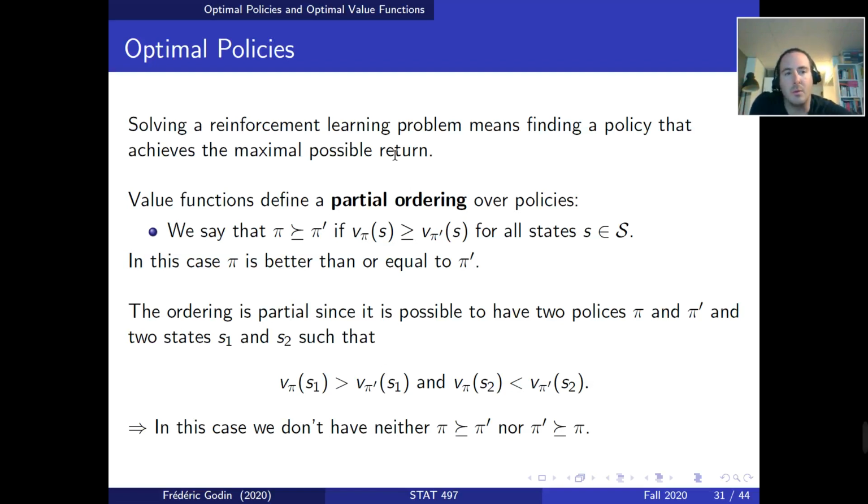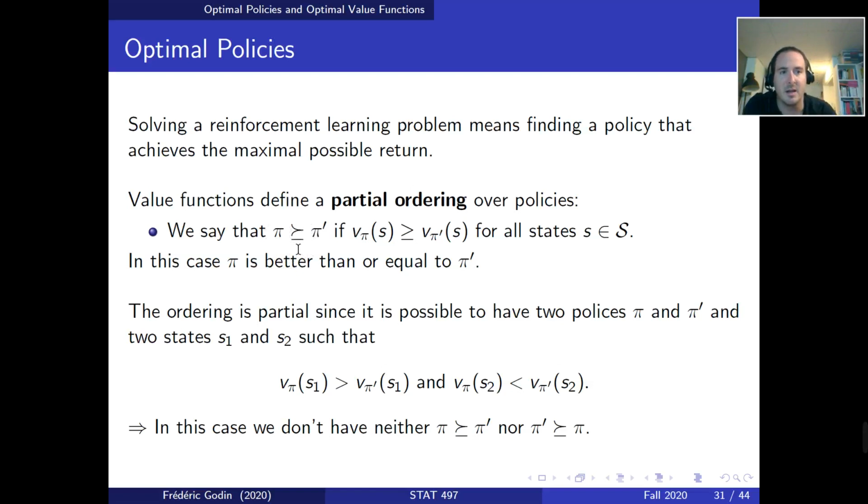To do that, first a bit of theory. We can define a partial ordering over the policies. We can say that one policy pi, and here we use this stylized symbol, I'll say greater or equal, but it's not greater or equal.